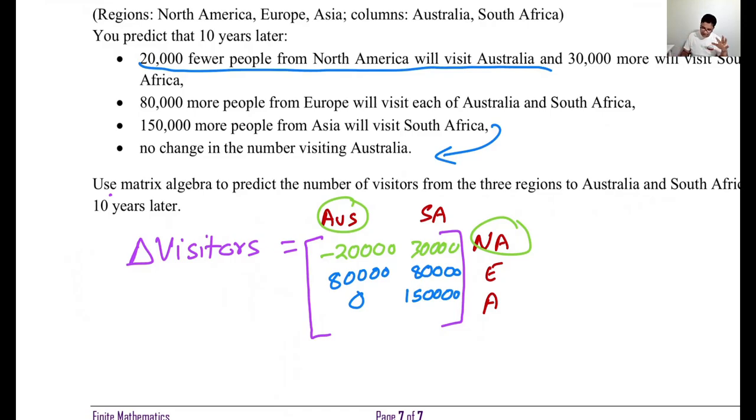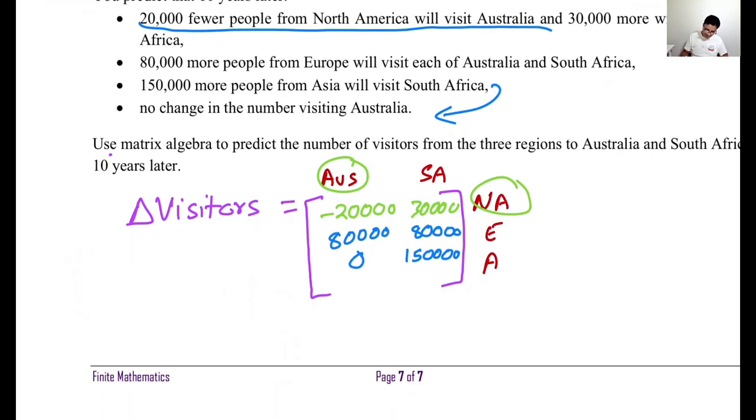Okay. Now you have your visitors and number of visitors matrix. The number of visitors from 3 regions 10 years later, that will be your new matrix, right? Let's give a new name to that matrix. Visitors 10.